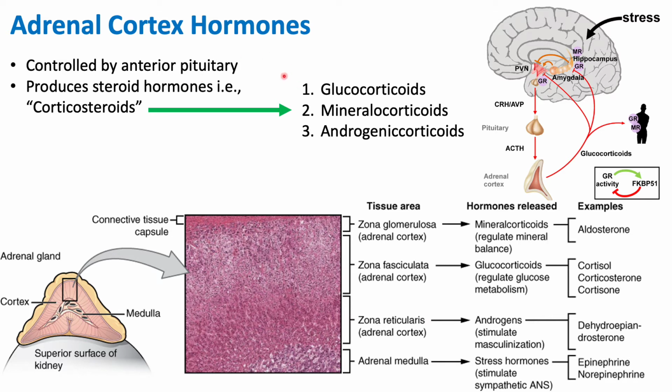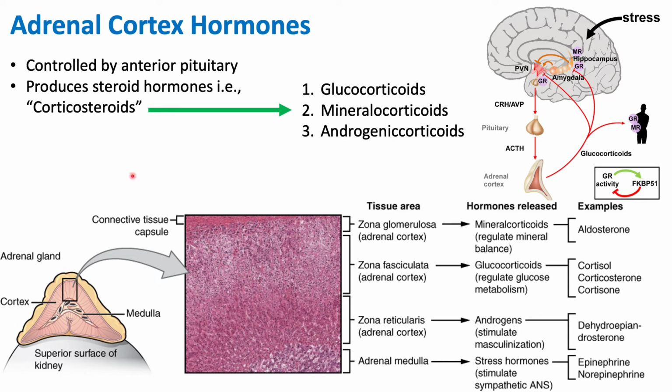So the posterior pituitary cannot produce its own hormones, but the anterior pituitary is capable of producing its own hormones. And during times of stress, the anterior pituitary releases ACTH, which is referred to as adrenocorticotropic hormone. And this hormone will actually reach the adrenal gland, specifically that adrenal cortex, and that will stimulate some sort of a response from that adrenal cortex.